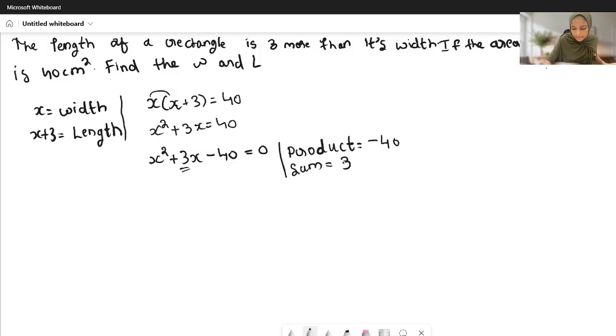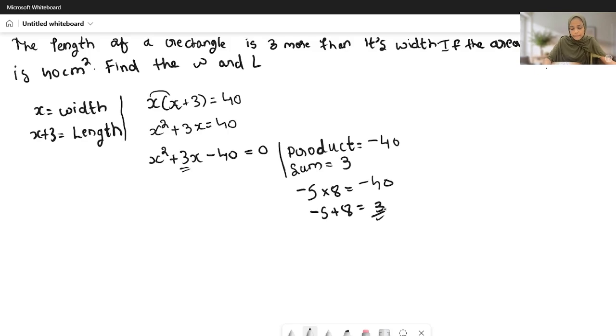The numbers can be 5 and 8. But 5 into 8 is positive 40. We need minus 40, so it's not 5 and 8. But if we take minus 5 and 8, minus 5 into 8 is minus 40, which matches, and minus 5 plus 8 is positive 3, so that also matches.